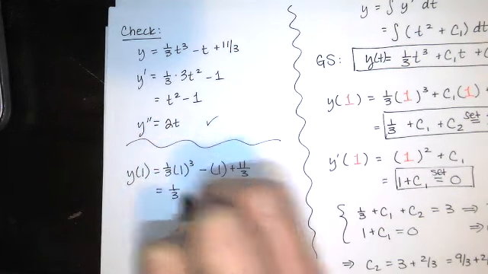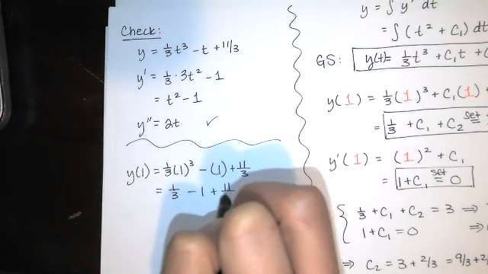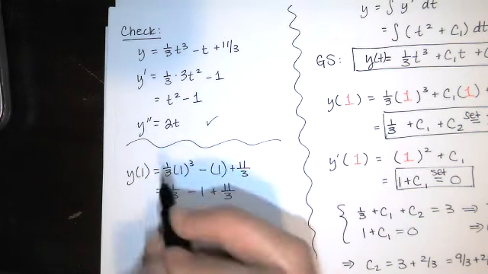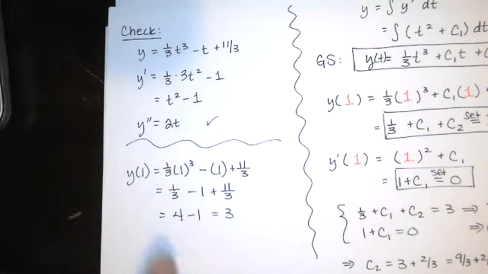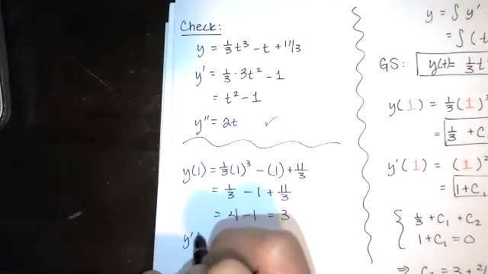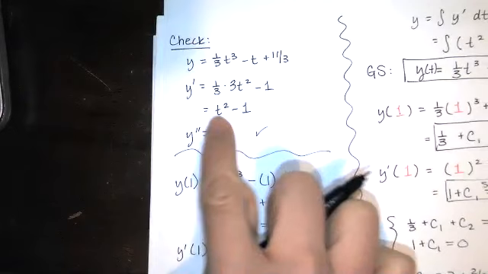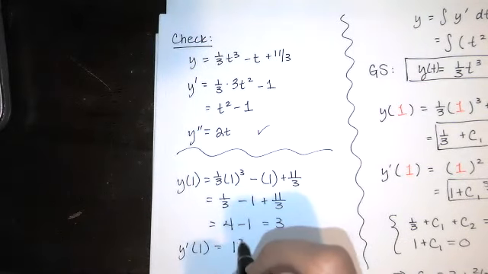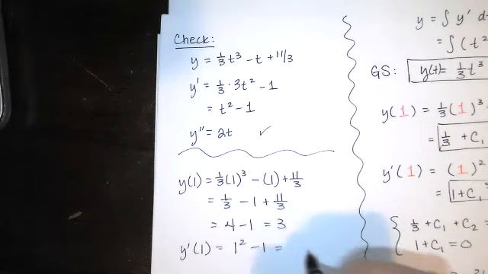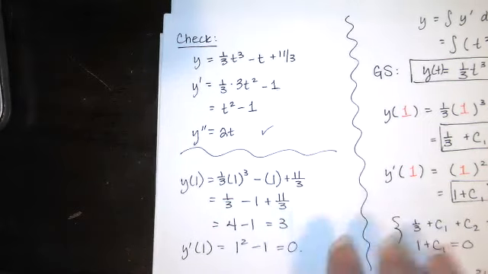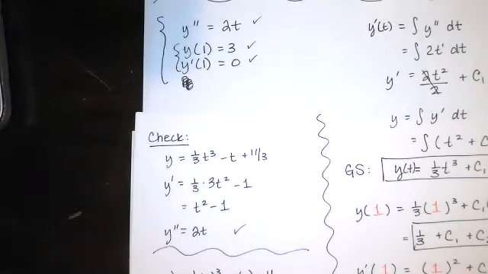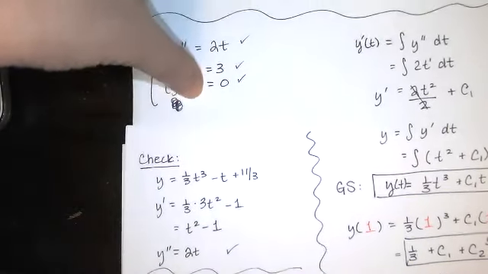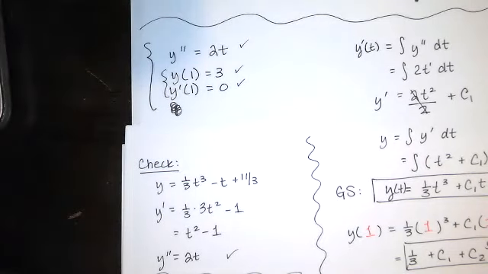So I have 1/3 minus 1 plus 11/3. 1/3 plus 11/3 is 12/3 or 4, minus 1, so you get y of 1 equals 3. That's good. And y prime of 1, well, remember y prime is t squared minus 1. So we're going to have 1 squared minus 1, and 1 minus 1 is, of course, 0. So that second initial condition is satisfied. So that's how you solve a simple second order IVP.